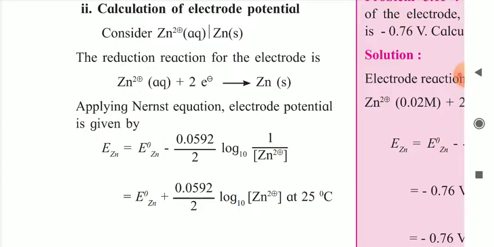Now students, if we apply the Nernst equation to this reaction, that is the zinc electrode, we get E of Zn is equal to E0 of Zn minus 0.0592 divided by 2 log to the base 10 of 1 upon Zn2+, because on the product side there is no species in ionic form, since the cell we have taken is a half cell.